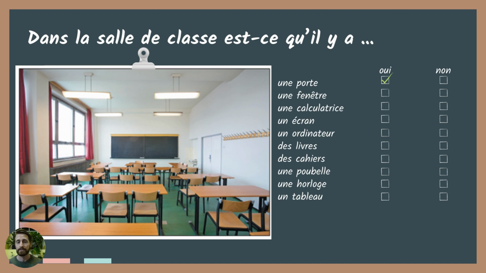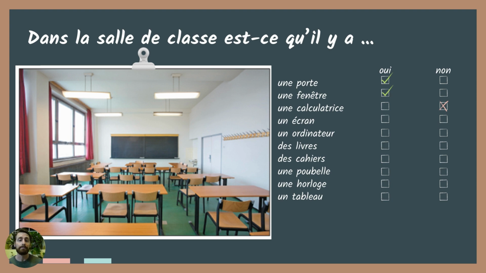Okay, hopefully you paused the video and you did the activity. So let's go over the responses. Dans la salle de classe, est-ce qu'il y a une fenêtre? Oui, il y a une fenêtre. Dans la salle de classe, est-ce qu'il y a une calculatrice?